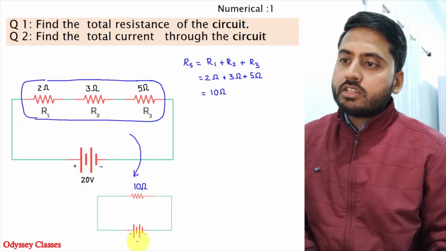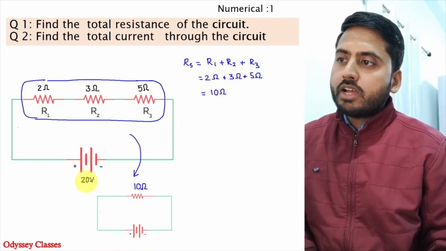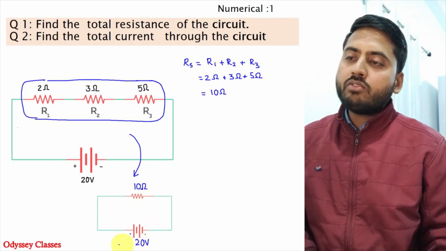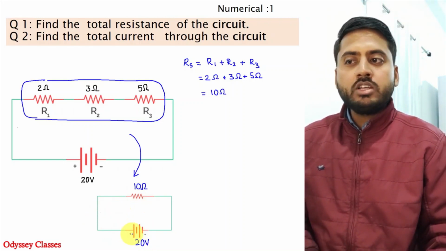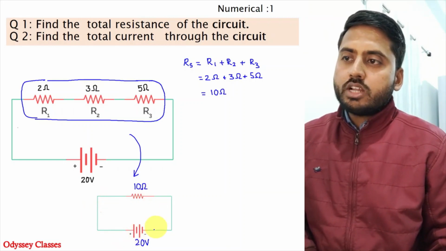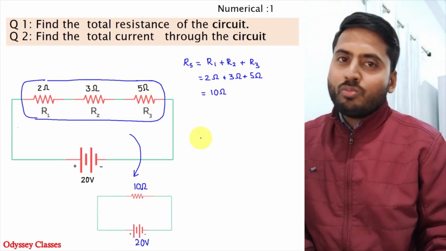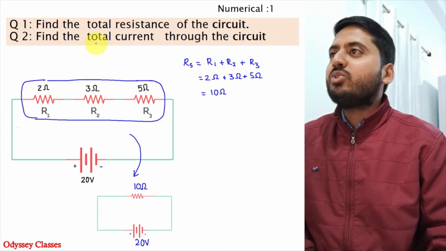Now in this circuit, the voltage that was supplied is 20 volt, which you have to consider the same. So this is a new circuit where we have only one resistor and one source that is supplying the current. Here we can apply Ohm's law and find the total current.